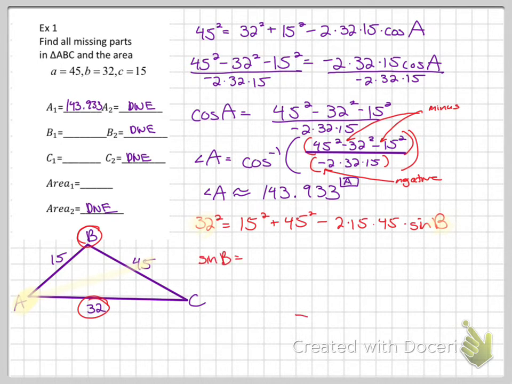It's going to be the 32 squared minus the 15 squared minus the 45 squared, and then I'm going to divide it by that negative 2 times 15 times 45. And then to get angle B, I'm going to do inverse, oh no. Why did I turn it to sine, you guys? Why didn't anybody stop me?